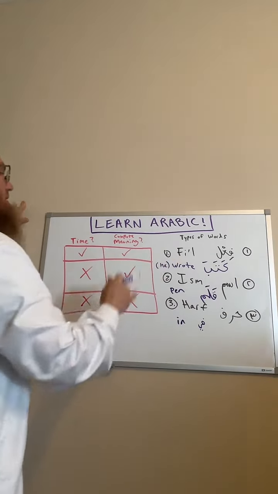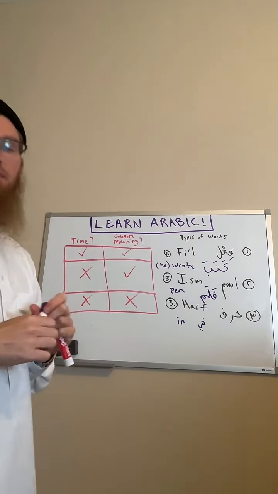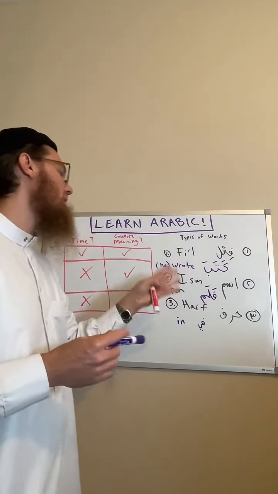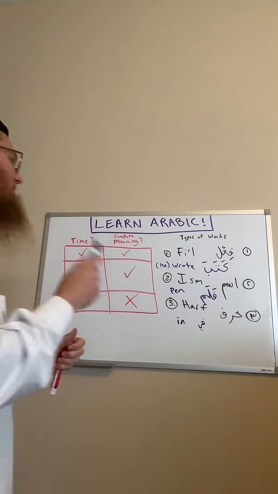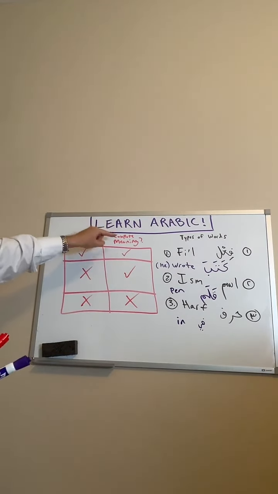So these are the three types of words in Arabic. All the different words that we find in the Arabic language fall under one of these three categories: the fi'l, the ism, and the harf. We can define them according to whether each one has a complete meaning or a relation to time.